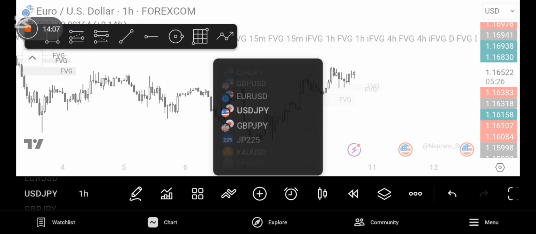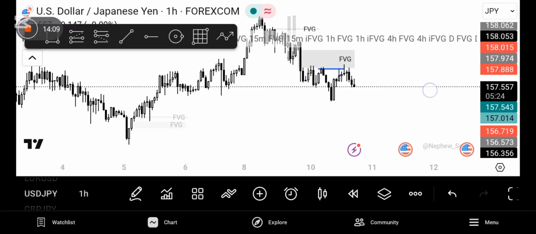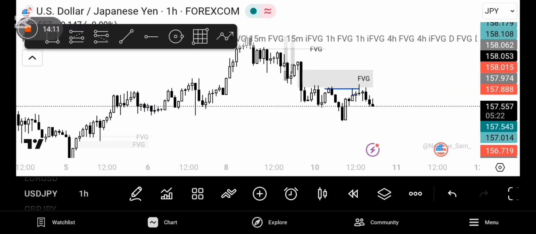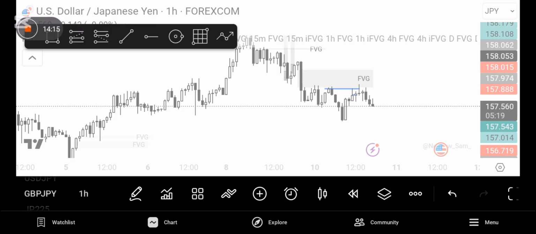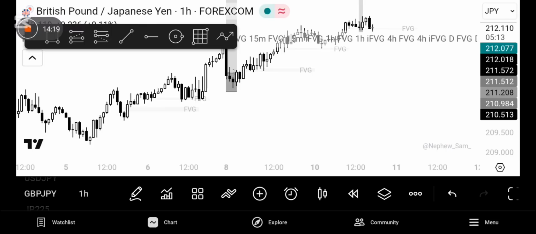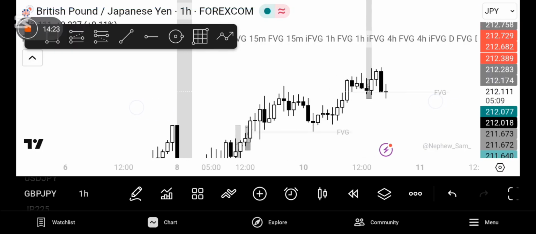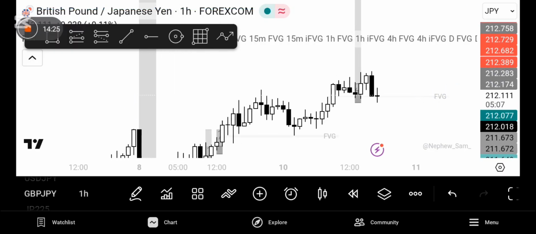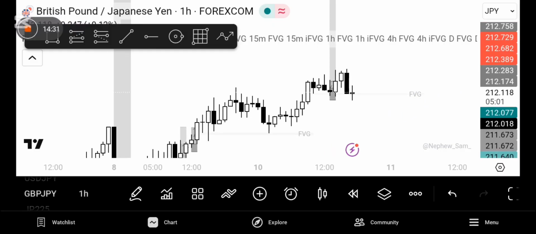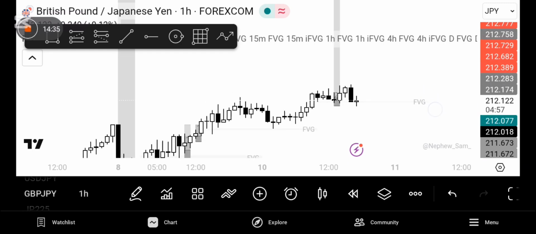Yes. So I think USD JPY. No, I don't have a trade, but I missed a trade there. Very very sweet trade. This is GBP JPY here. I do have a trade there. Yes. So this one I actually liked, but I did not like how the market was ranging, and I just left the trade because I did not like the price action that was playing out.